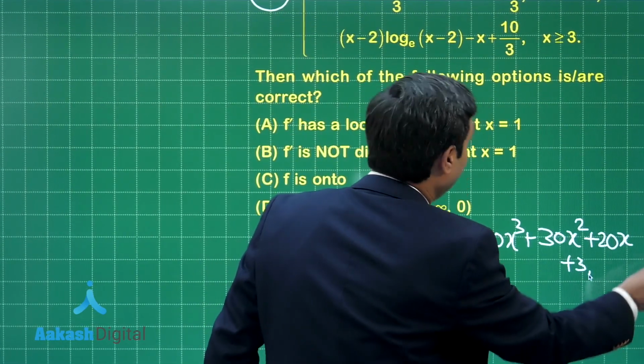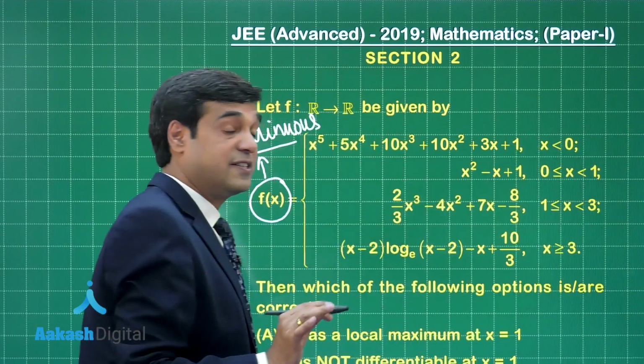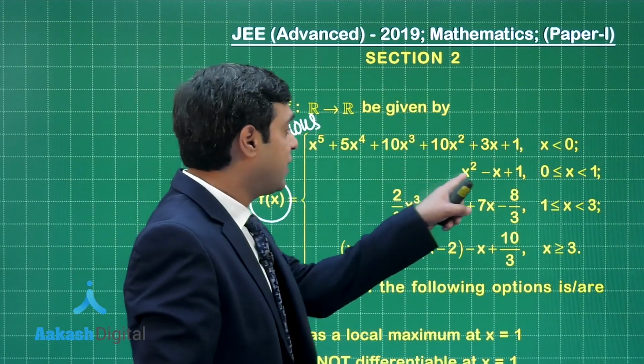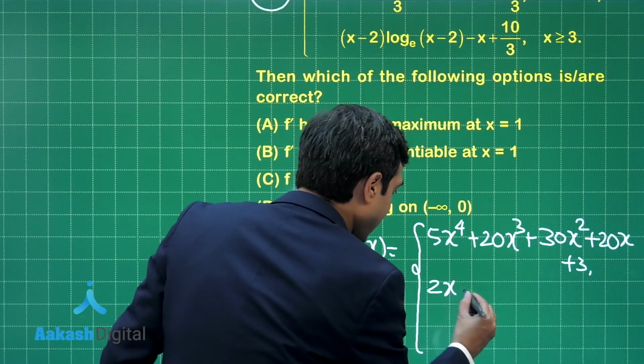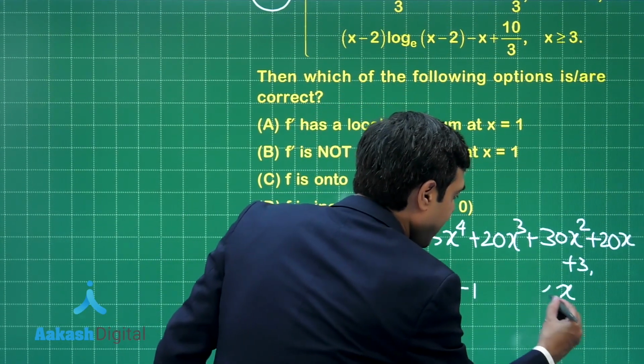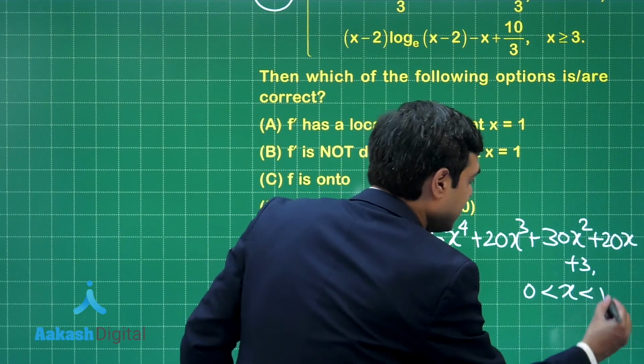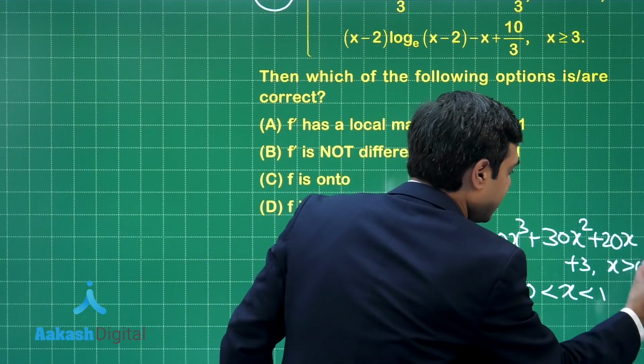This is the case for the first interval, that is x is less than 0. Next, for the next interval it is 2x minus 1. So let's write down 2x minus 1, for the interval x is between 0 and 1.